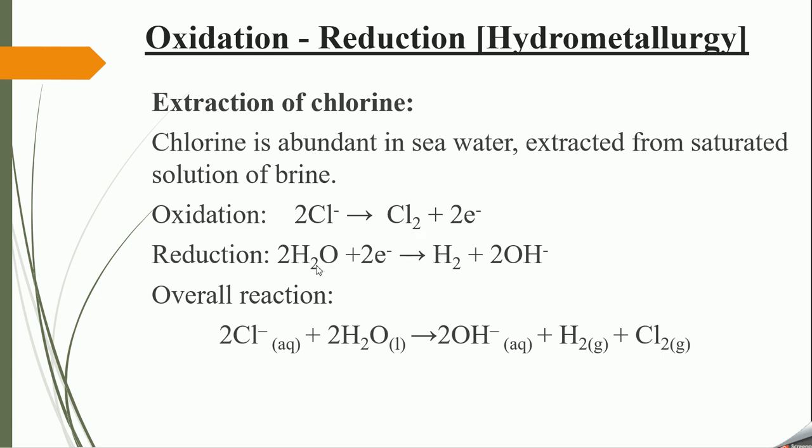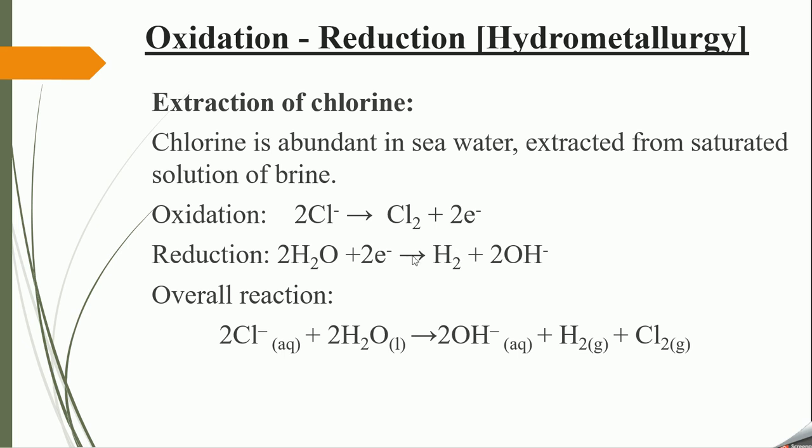And hydrogen gas is liberated at cathode, where reduction takes place. If we check the oxidation number of hydrogen in this reaction, in water the oxidation number of hydrogen is +1. On RHS the oxidation number of hydrogen is 0. +1 to 0, there is a decrease in oxidation number, hence it is reduction.